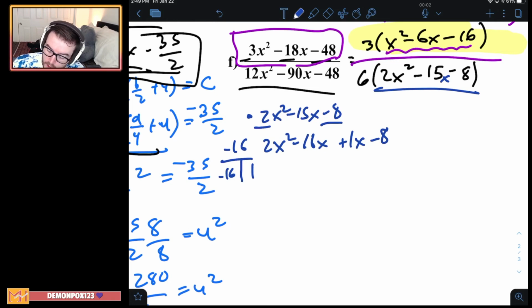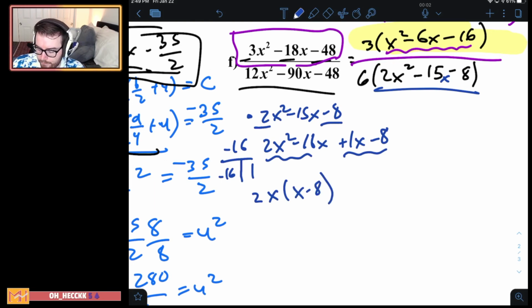So then you look at the first two and you look at the second two. What's the GCF of the first two terms? They both have x, and they're both divisible by 2, and we end up with x minus 8 there. Remember, you should always be able to put it back together. What's the GCF of the second two terms?